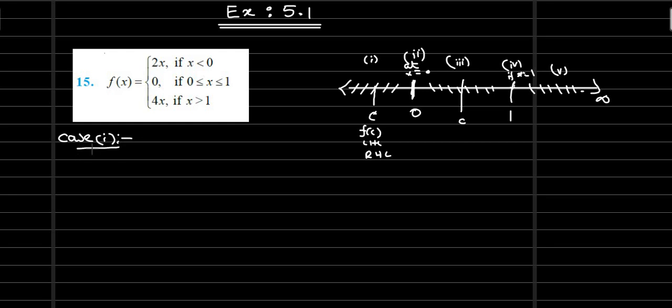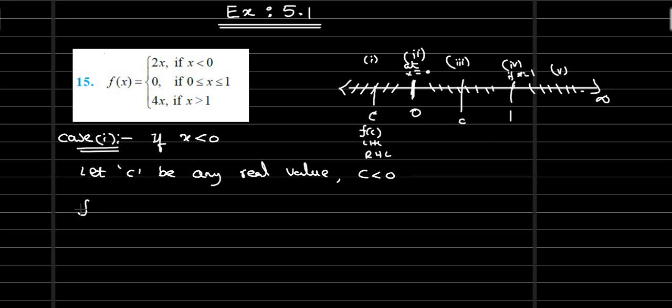In case 1, if x is less than 0, we have infinite values, right? So we are going to have a common name. Let c be any real value, and at the same time, c should be less than 0. Now to check the continuity, we need three things: f of c, left hand limit, and right hand limit.